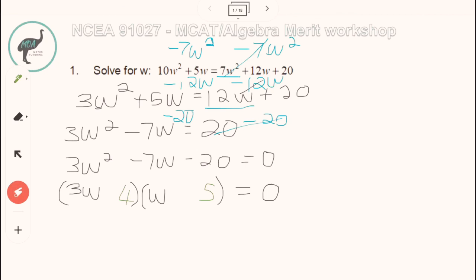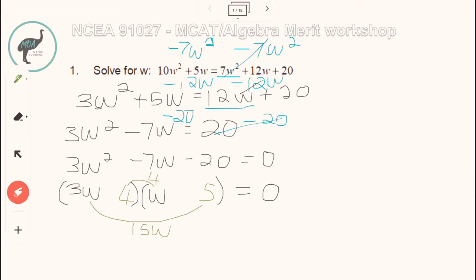Then if I think about what I'm going to have to do here, I'm going to do a 3w times the 5 would give me 15w, and a 4 times w would give me 4w, and I want those two things to add to make negative 7. Now you can see clearly there's no way of combining 4w and 15w to make negative 7. So my numbers are not correct.